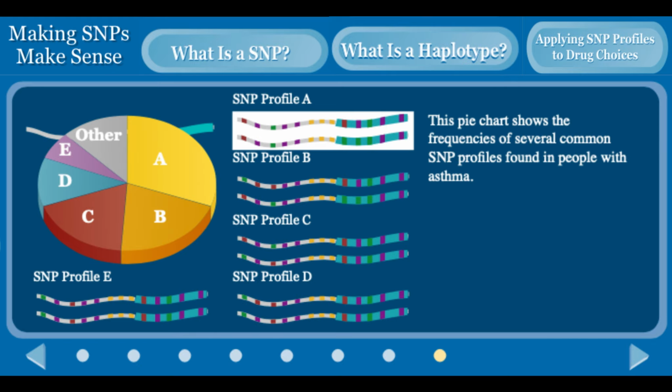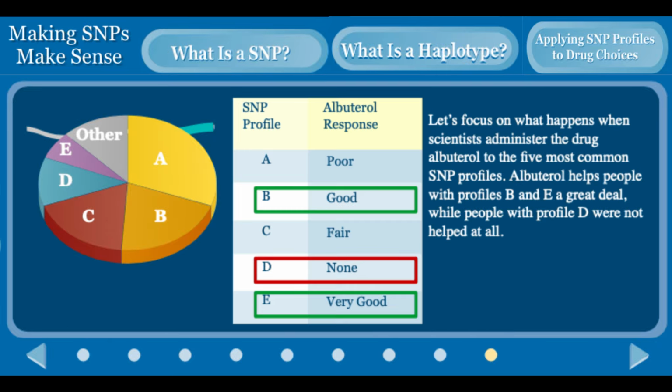And on this slide, you see a pie chart which illustrates the relative frequencies of common SNP profiles found in patients diagnosed with asthma, labeled A through E. When scientists tested the drug's efficacy against these 5 common profiles, distinct patterns emerged.